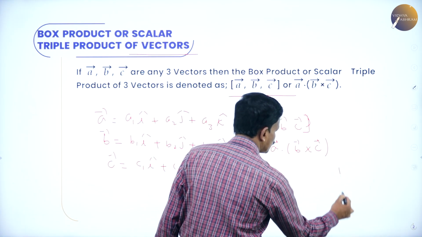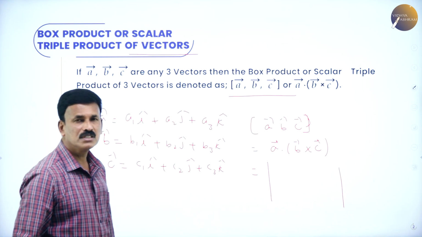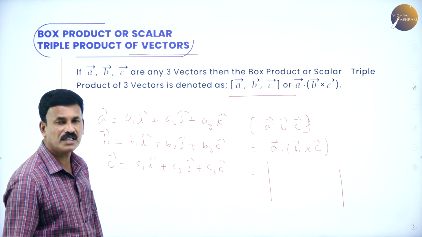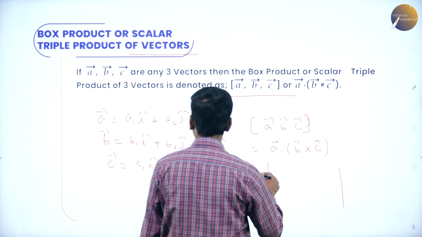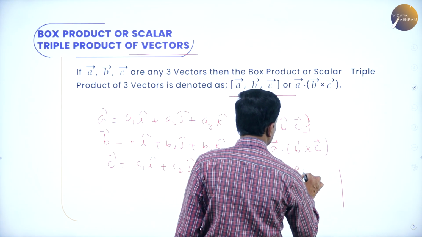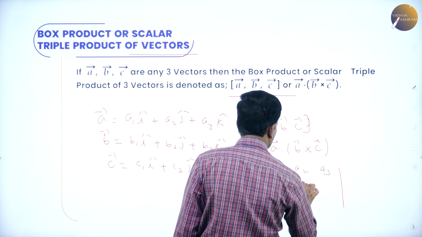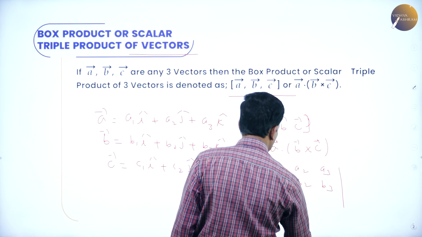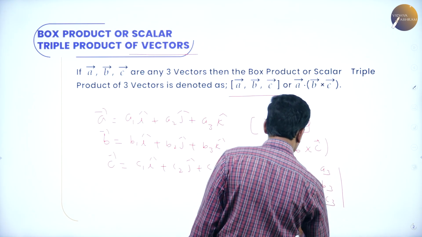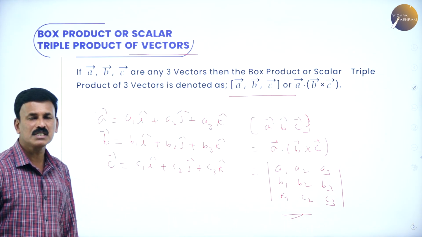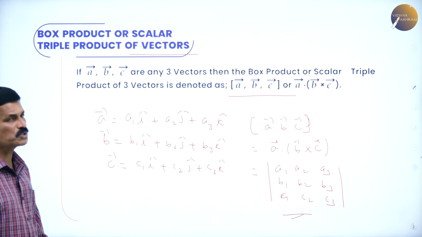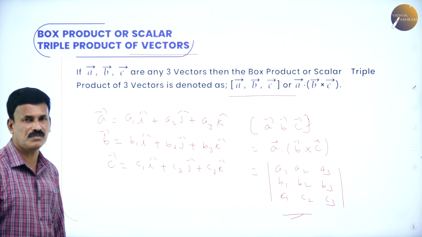This is nothing but the determinant of the coefficients of the three vectors A, B and C. A dot B cross C is nothing but the determinant with rows A1, A2, A3; B1, B2, B3; and C1, C2, C3. This determinant will give the box product or scalar triple product of three vectors.